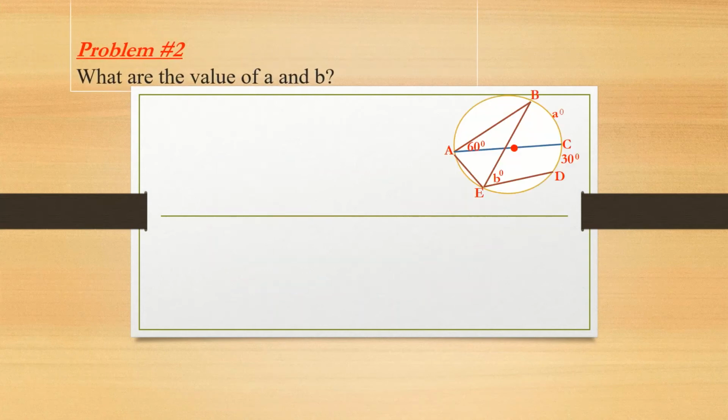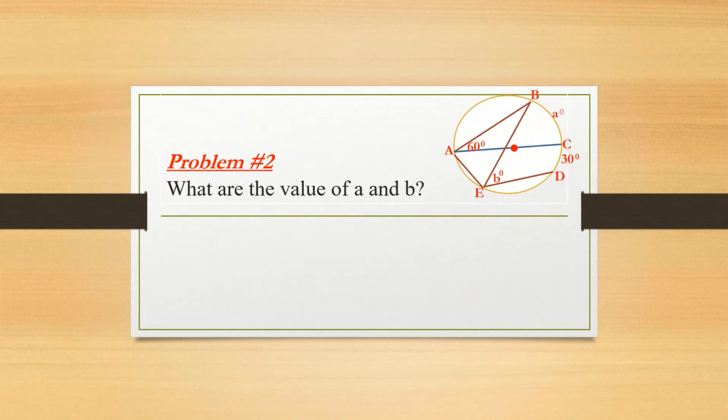Example number 2. What are the values of A and B from this figure? Look carefully at this circle. The givens: angle A is 60, arc CD is 30, arc BC is A degrees, and angle B is B degrees.